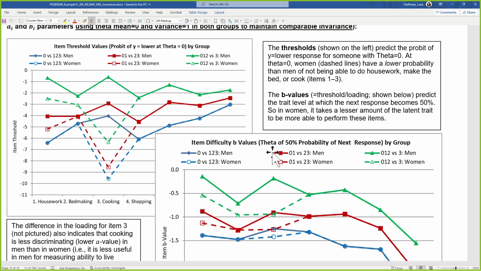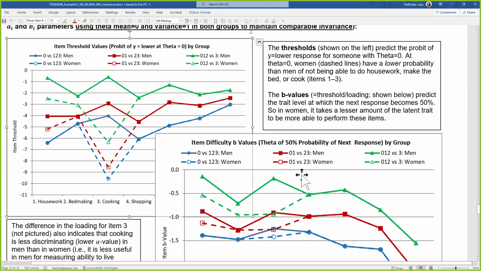So the thresholds are depicted graphically in this picture right here, where I have the submodels and the different colors. The blue is the transition between an answer of 0 versus 1, 2, 3. Red is the transition between 0, 1 versus 2, 3. And green is the transition between 0, 1, 2 versus 3.